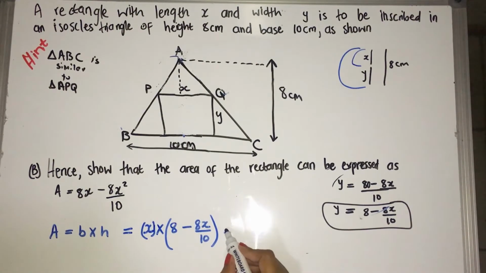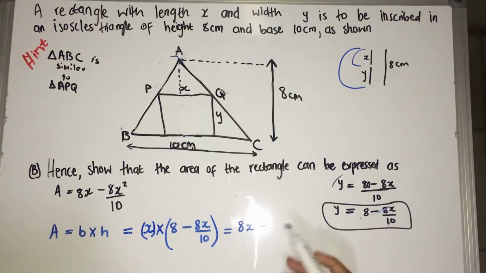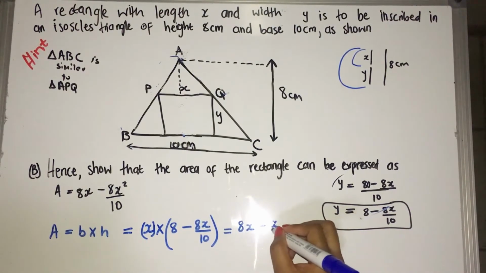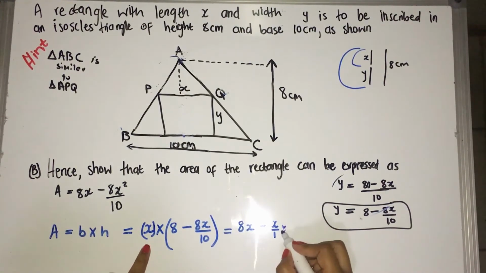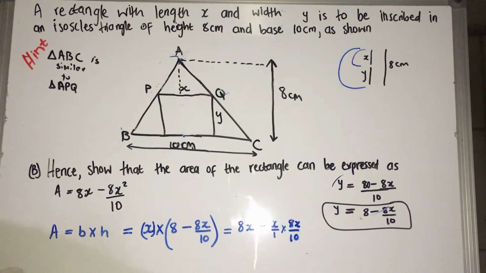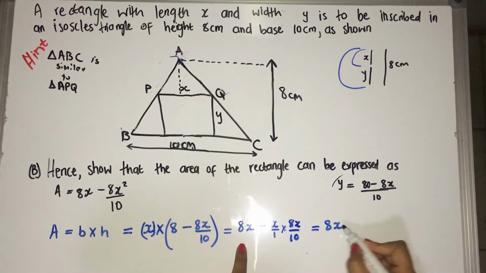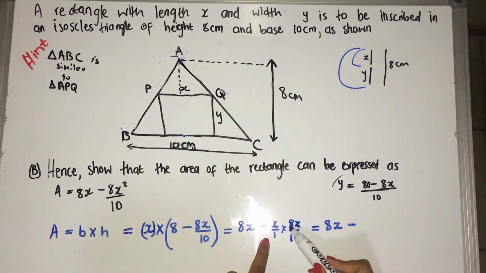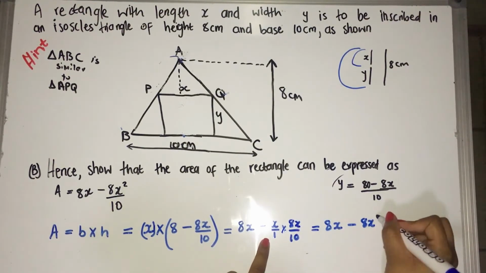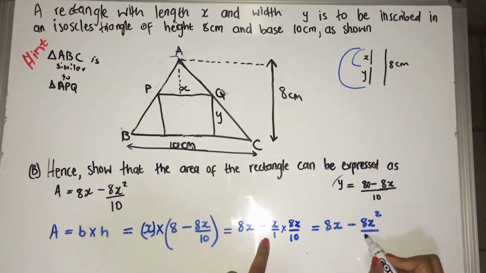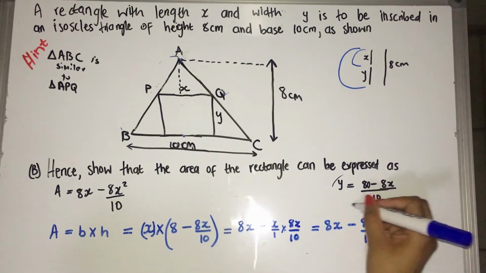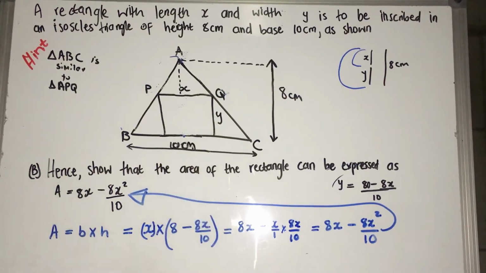Now x multiplied by 8 gives us 8x, minus x multiplied by 8x over 10, which is 8x squared over 10. And we see that this is exactly the same as this.